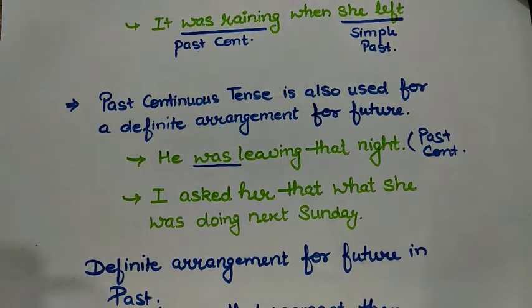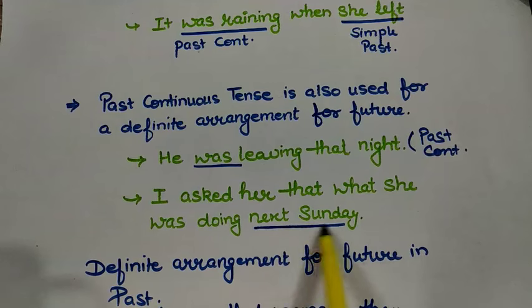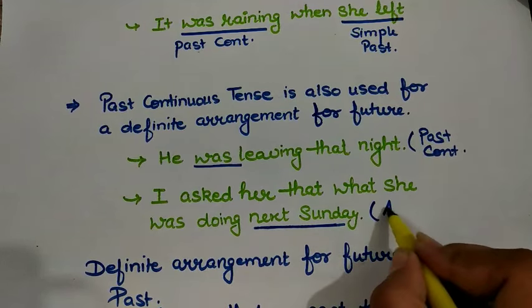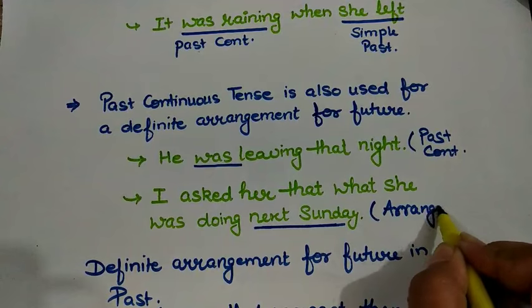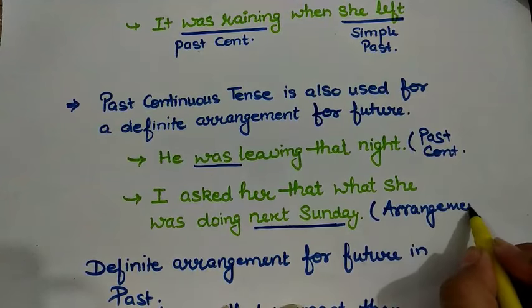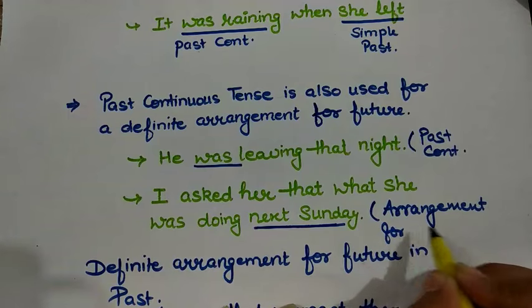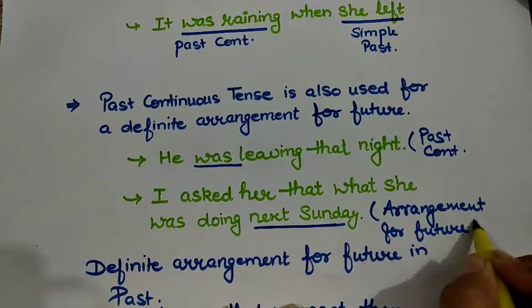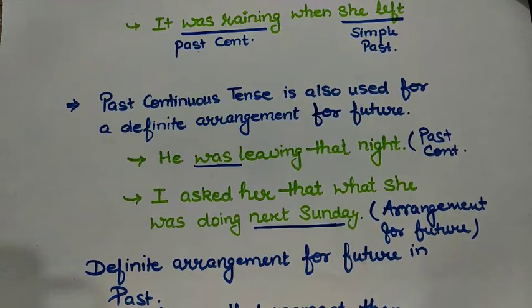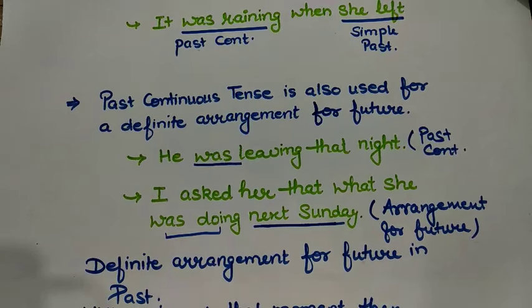See one more example. I asked her what she was doing next Sunday. Now, we can see that next Sunday is representing an arrangement for the future, and she was doing is representing that it was in the past.